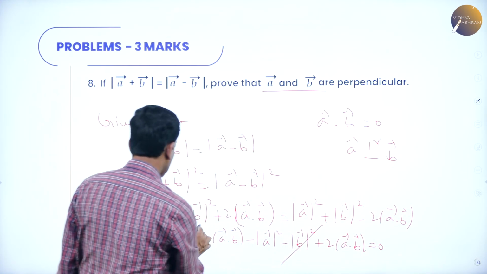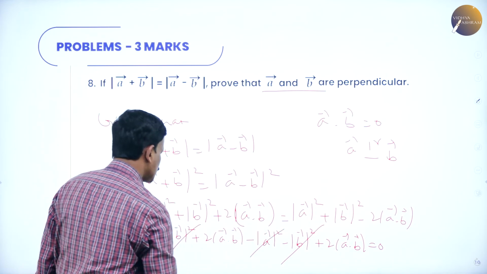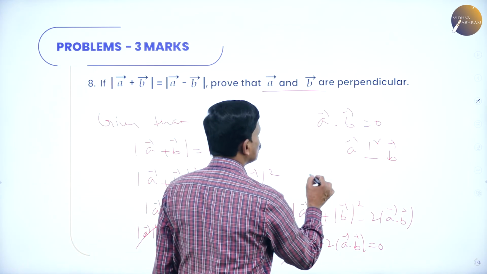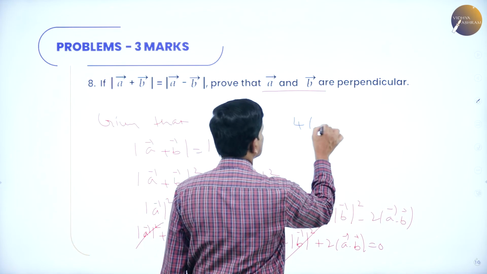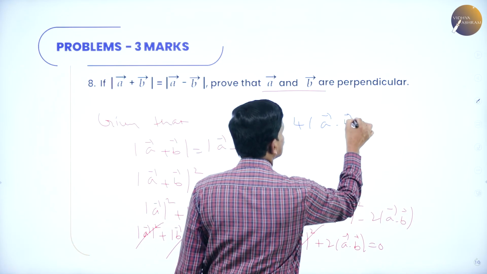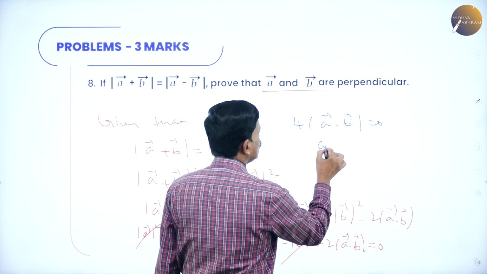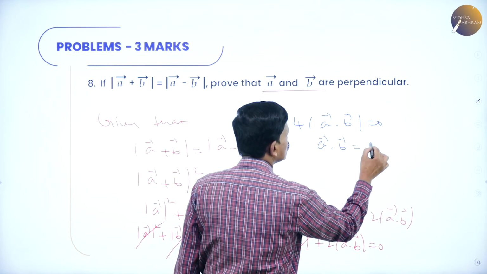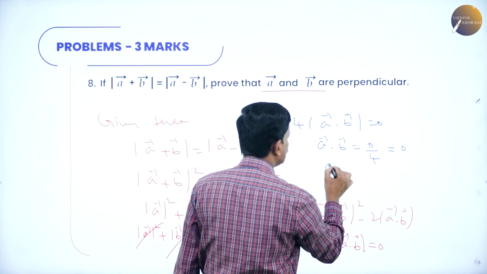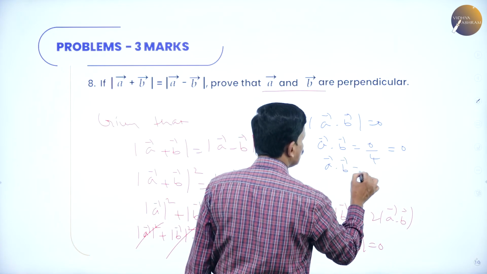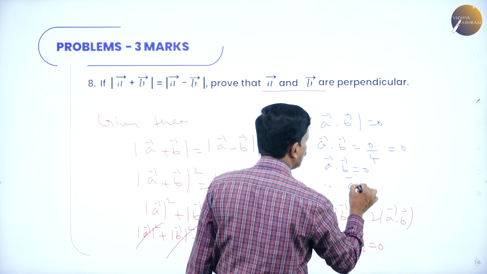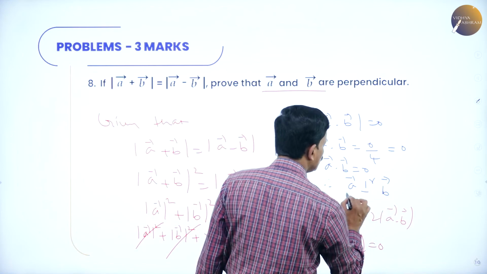So plus b square minus b square and a square minus a square gets cancelled. 2 plus 2 is equal to 4 times a dot b is equal to 0. So a dot b is equal to 0 divided by 4, means 0. A dot b is equal to 0 means therefore vector a is perpendicular to vector b.